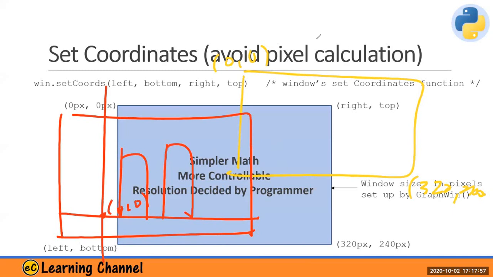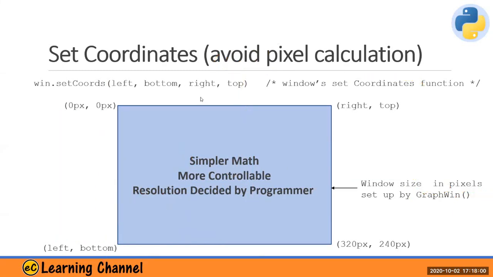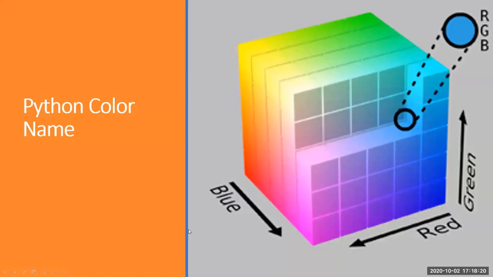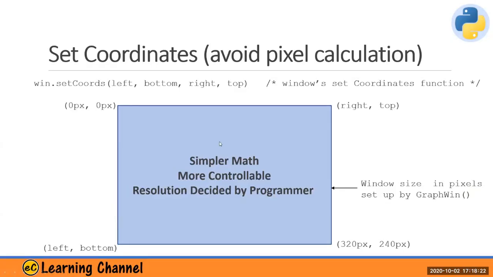So you can do set coordinates. With set coordinates, you specify your lower left and upper right, so you have four values. Say my window is set to the coordinates -1, -1, 10, 10.